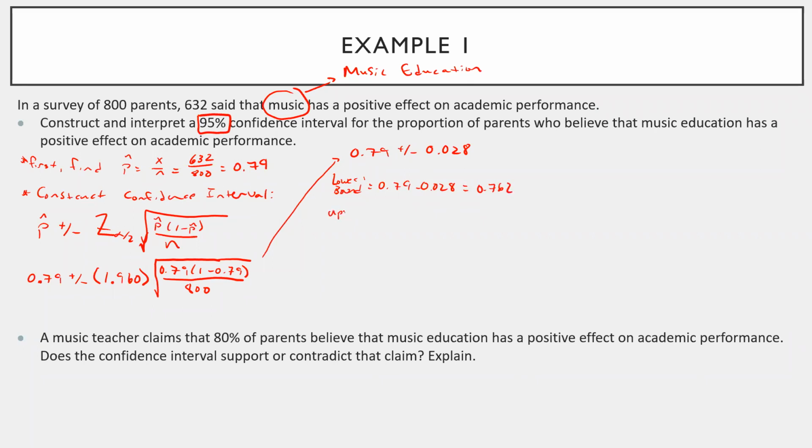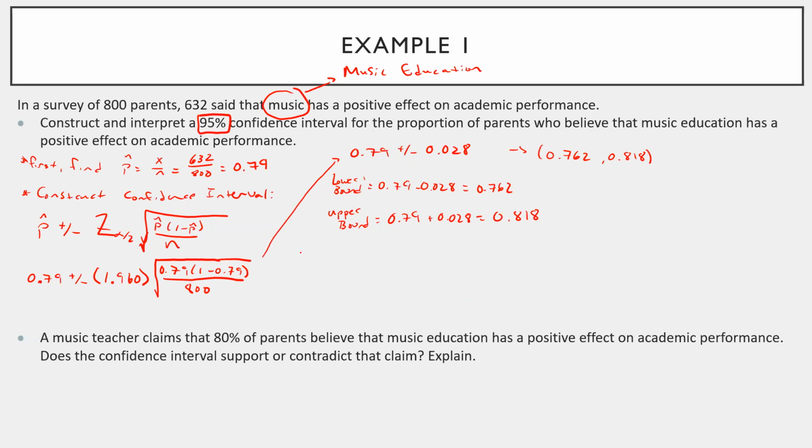And the upper bound is the addition part. I think you get 0.818 when you do this. All right, so my confidence interval goes from 0.762 to 0.818.